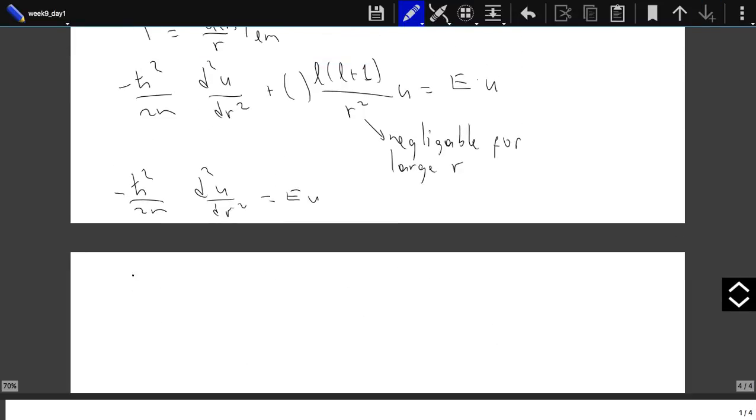And if we define k to be the square root of 2mE over h bar, or h bar k to be the square root of 2mE, what we have will be just u is equal to A times e to the power ikr plus B times e to the power minus ikr.